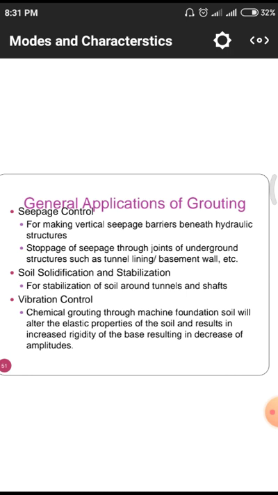Those solidification and stabilization techniques will arrest the movement of water into the structure. And the next one is stabilization of soil around tunnels and shafts. A shaft, in a hydraulic structure, especially for generating power by utilizing water, has this shaft-like phenomenon.